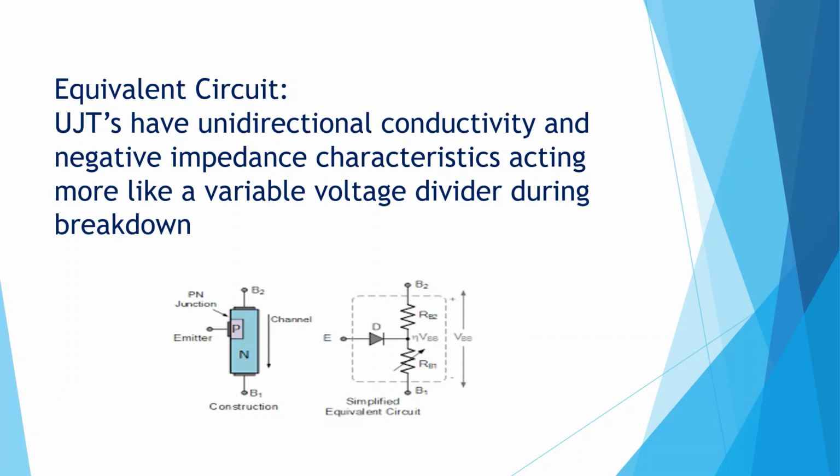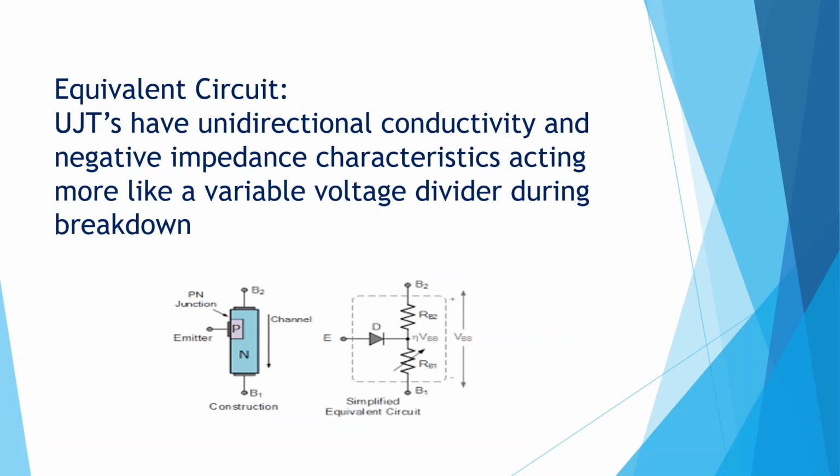There are 3 terminals, one emitter and base 1 and base 2, at the top and the bottom of the silicon bar. The emitter leg is drawn at an angle to the vertical and the arrow points in the direction of conventional current when the UJT is in the conducting state.